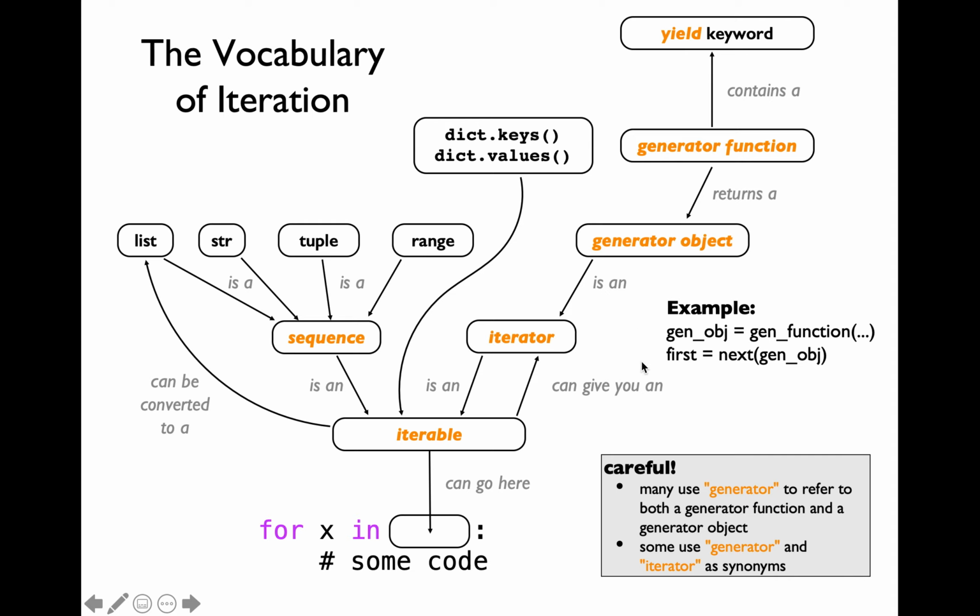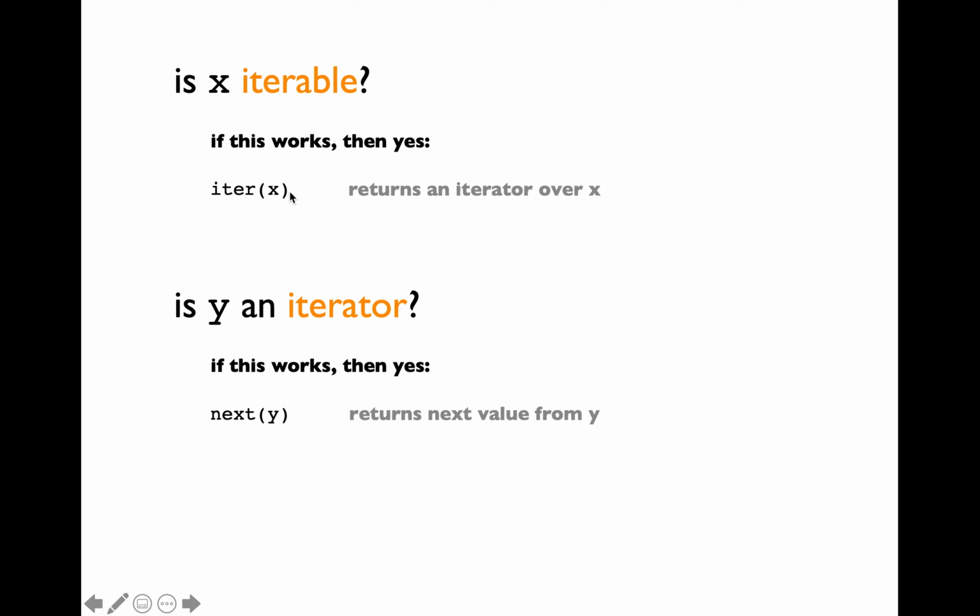To make the difference between iterable and iterator more clear, let's take a look at a couple of examples. Before that, I just want to define it quite clearly. If there is some x, and you have a question asking is x iterable, you can answer that by asking, does iter of x work, whether that function call returns an iterator over the iterable x.